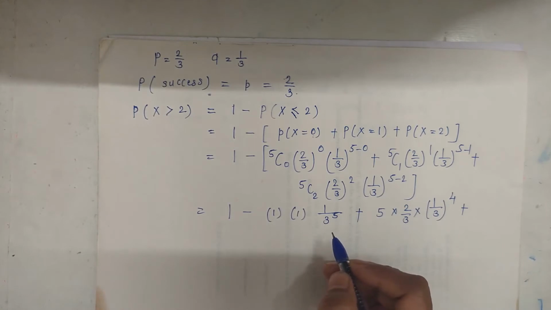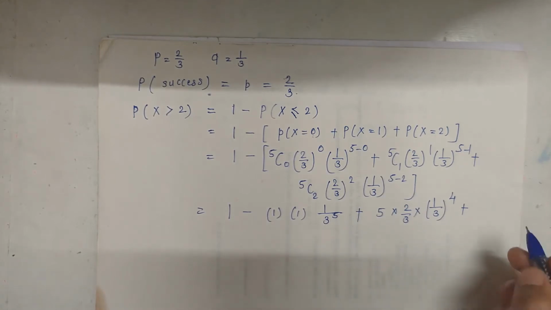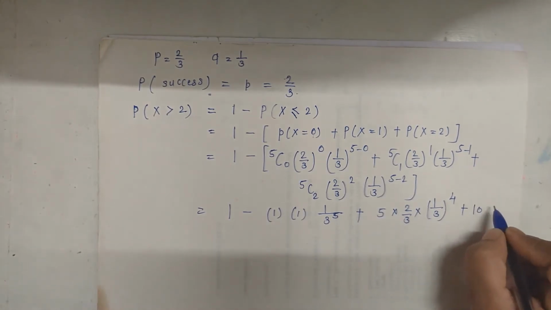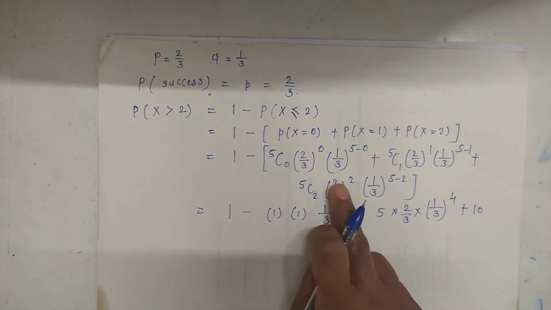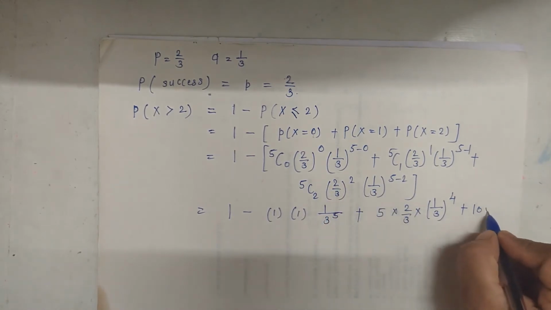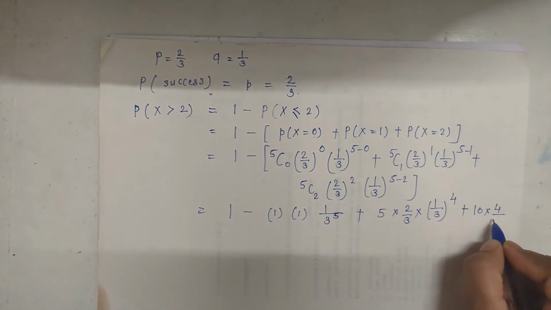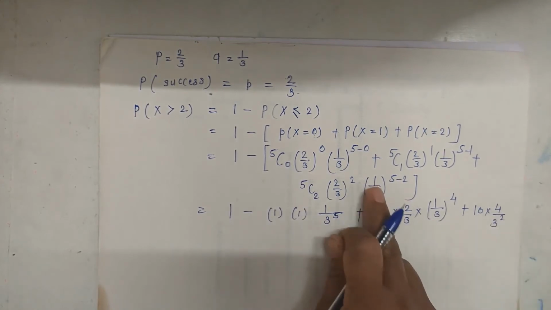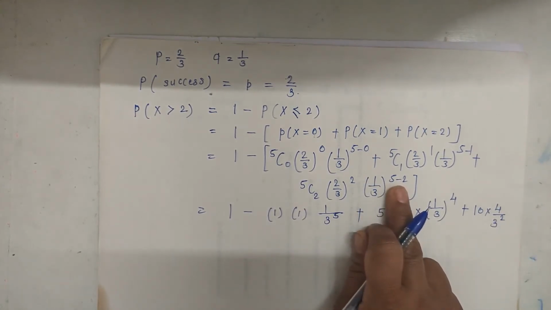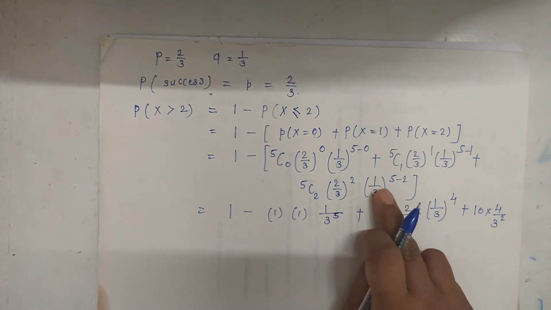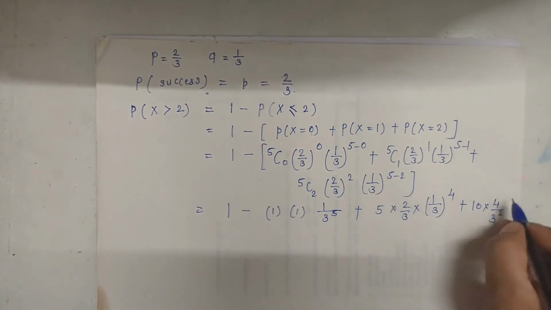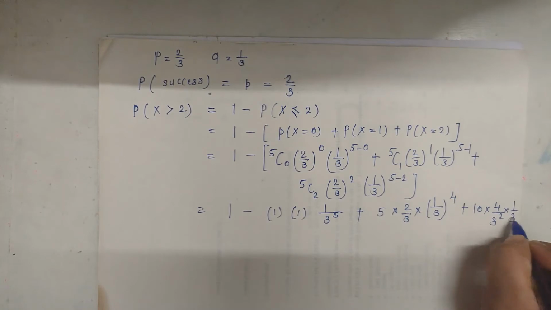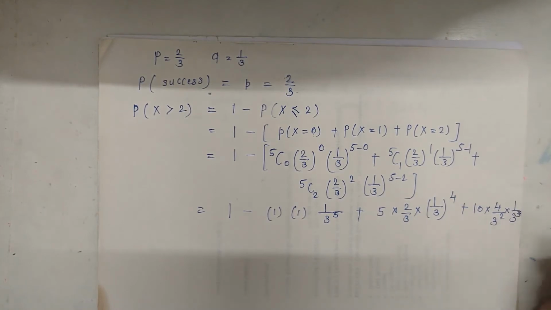Here the value of 5c2 is 10 into 2 square, which is 4 by 3 square, into (1 by 3) raised to 5 minus 2, that is (1 by 3) raised to 3.